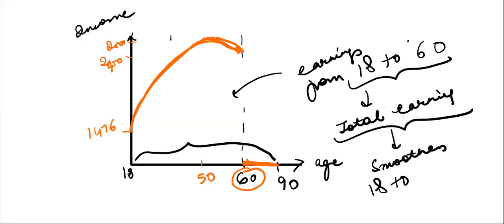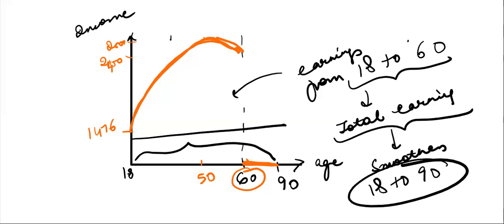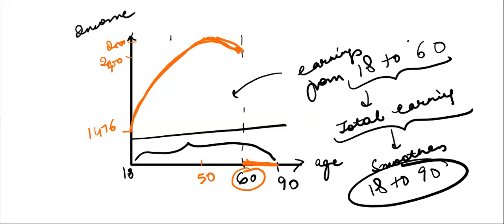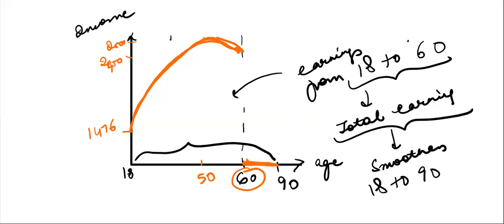From 18 to 90. So in terms of consumption, my consumption has to be consistent at some level. That has to go from 18 to 90. I have to have the same level of consumption. So whatever will be my total earning, I will just divide it by 90. That would be my consumption. Now the question arises, how do you find the total earning?